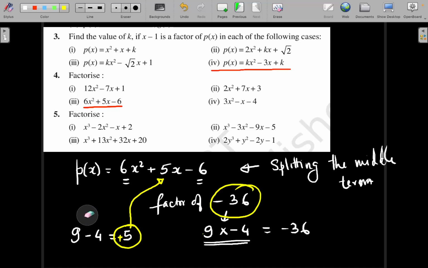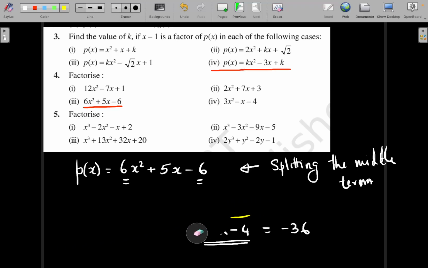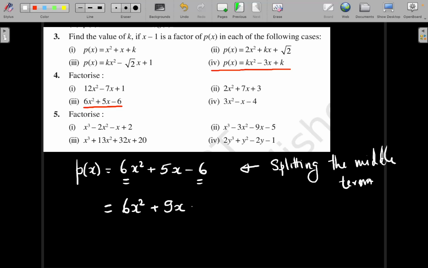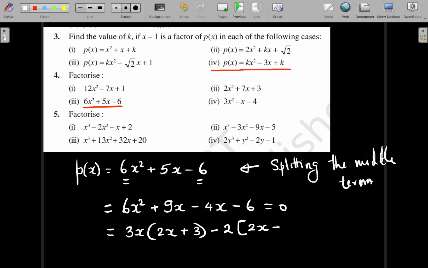So once I have split the middle term as 9 and minus 4, I am supposed to rewrite this as 6x square plus 9x minus 4x minus 6 equal to 0, and then we are almost home. So here 3x will be common, so that would be 2x plus 3, and here I would take minus 2 as the common factor, so this would be 2x plus 3 again.